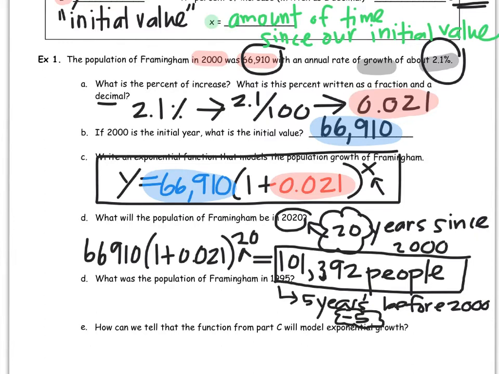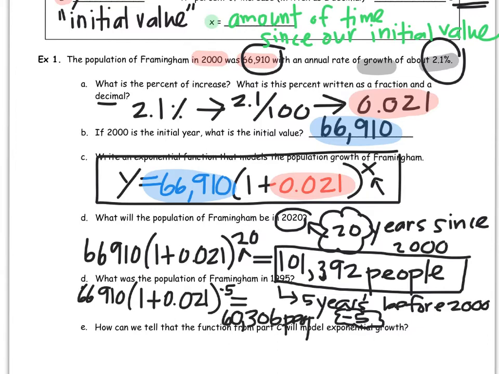So I'm going to plug it in exactly like I did before. 66,910, parentheses 1 plus 0.021, and then I'm going to use the caret symbol on my calculator to get an exponent of -5. I'm going to plug that in. And when you plug this into your calculator, you should get the answer, 60,306, and I'll write people there.